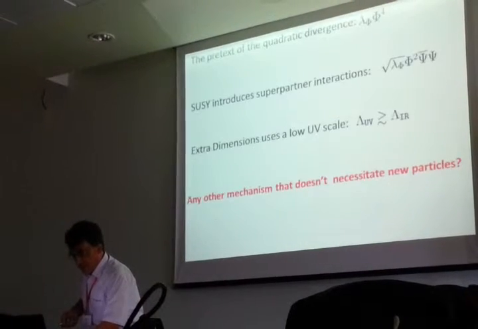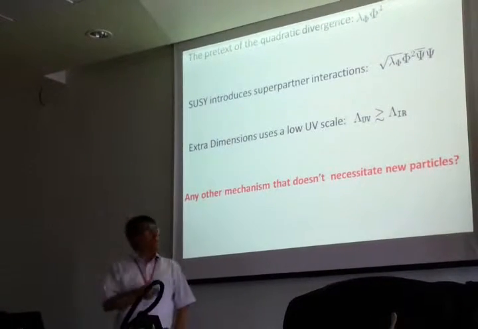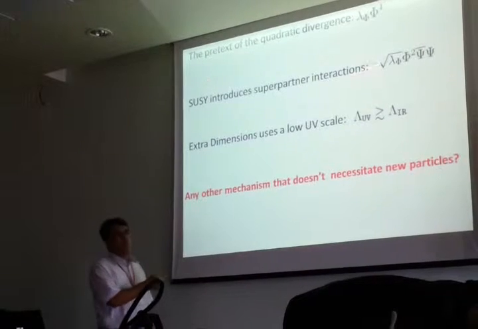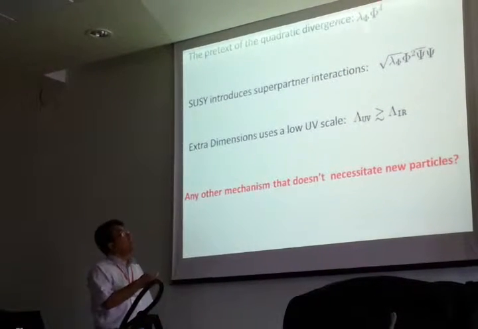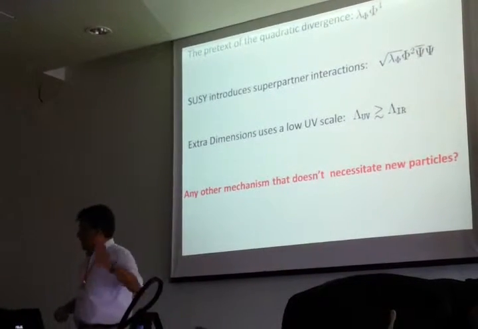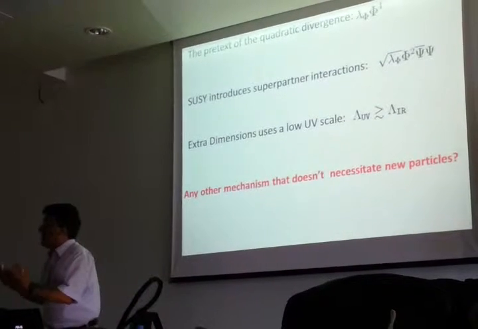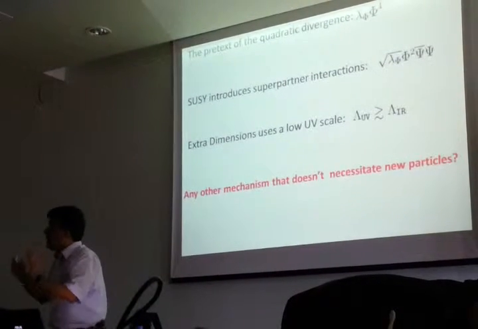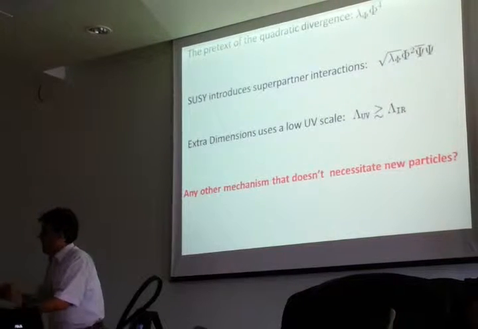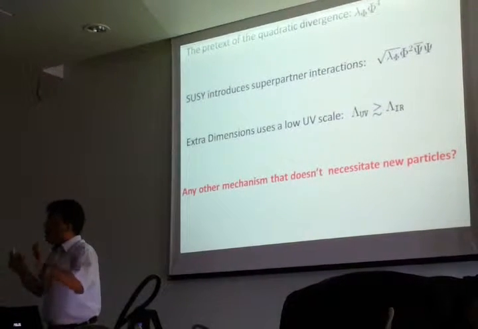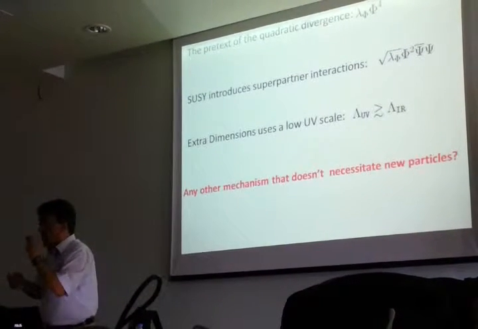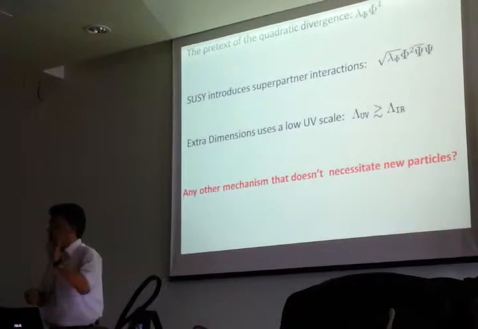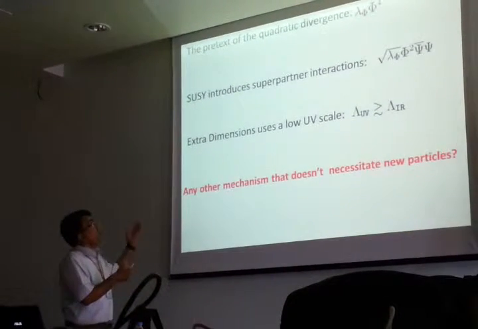Okay, this is this. Now let's look at it. The pretext of and the reason for this divergence is lambda phi to the 4, this term. When you look at the quadratic divergence, it is this term which is creating the problem, because quadratic divergences are proportional to lambda phi, the quartic coupling. Well, what can we do with this?